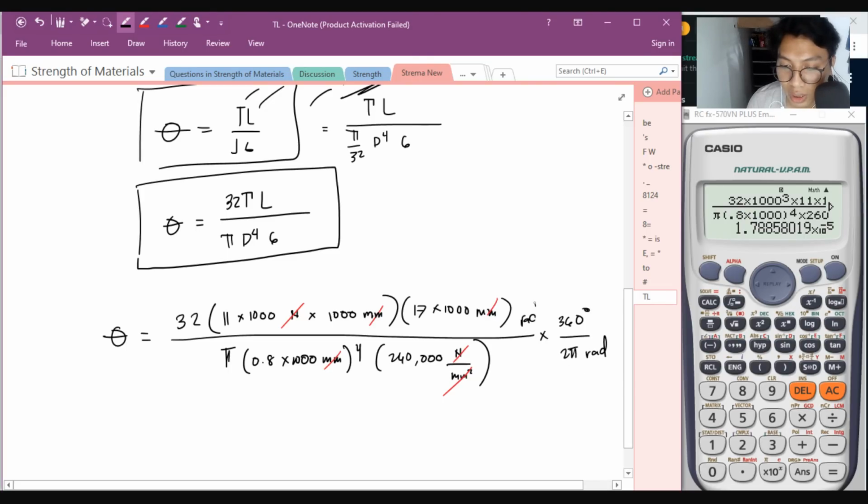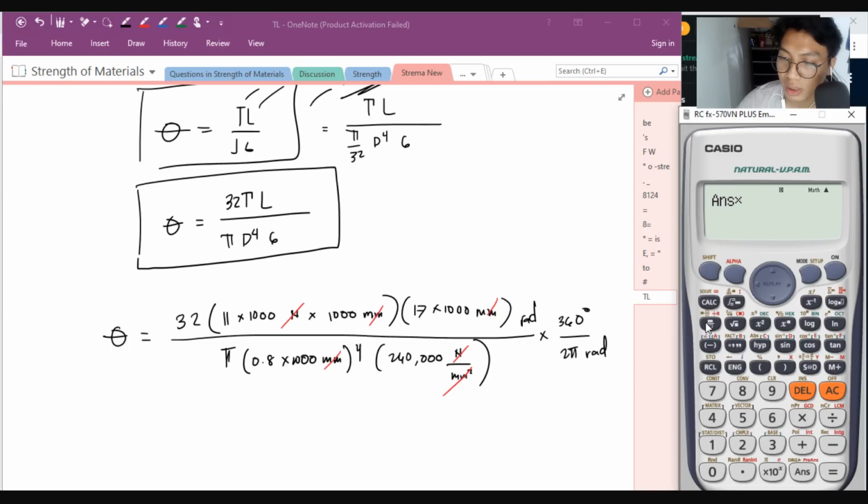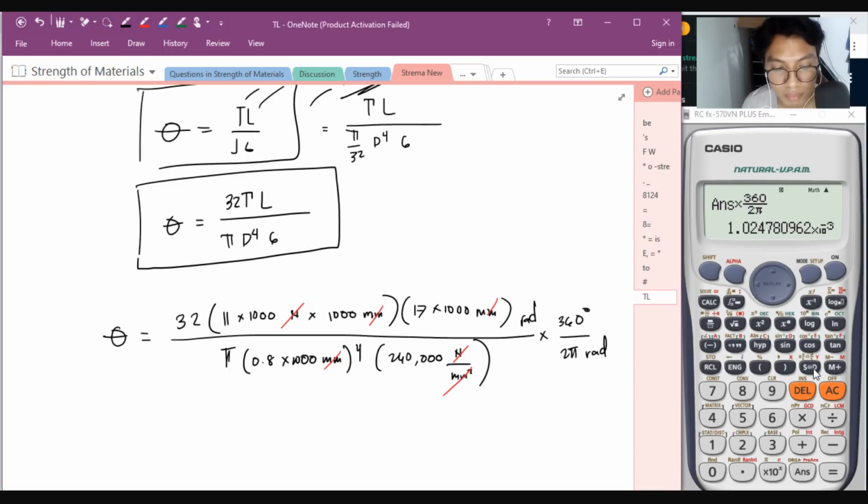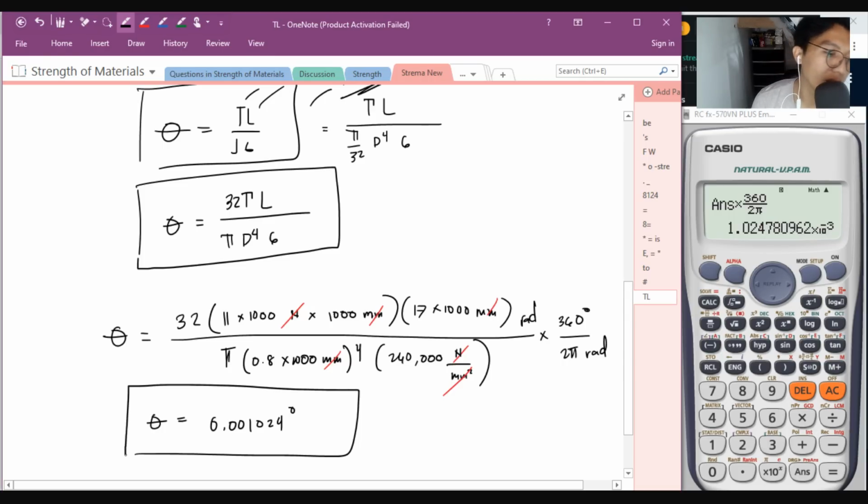Radian na yan lalabas eh. Times 360 divided by 2 pi. Okay. Ilan degrees? The answer is 0.001024 degrees. That is for the final problem for strength of materials.